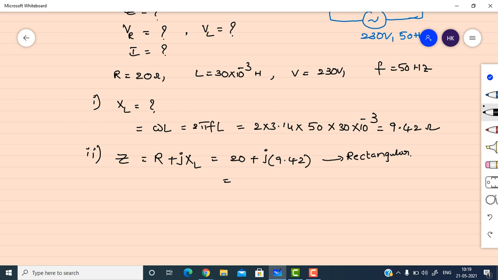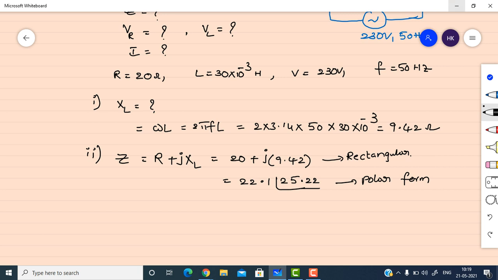What is the polar form value? 22.1 at an angle 25.22. So this is the impedance, and this is in polar form.